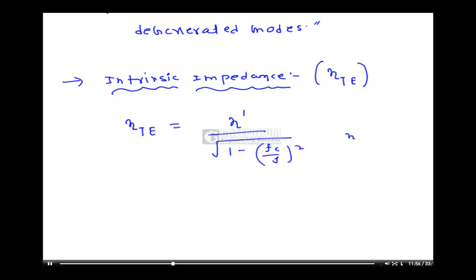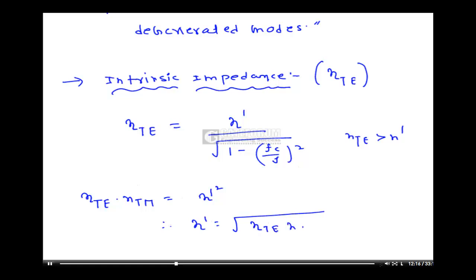So eta TE is greater than eta dash, because if you multiply eta TE and eta TM, we get only eta dash square. Therefore, eta dash, the free space impedance, is given by the square root of eta TE into eta TM.